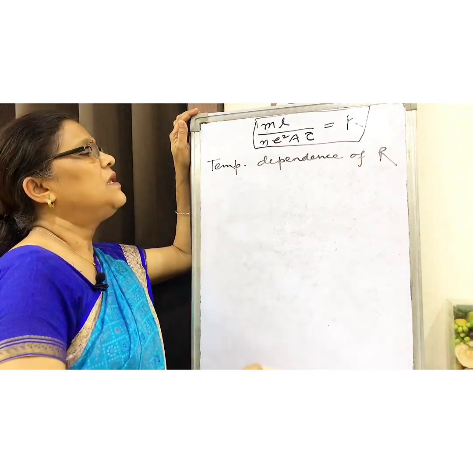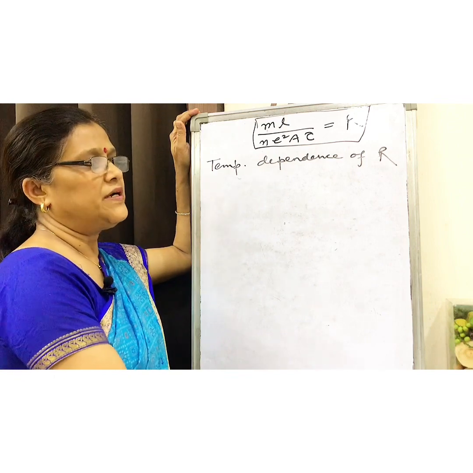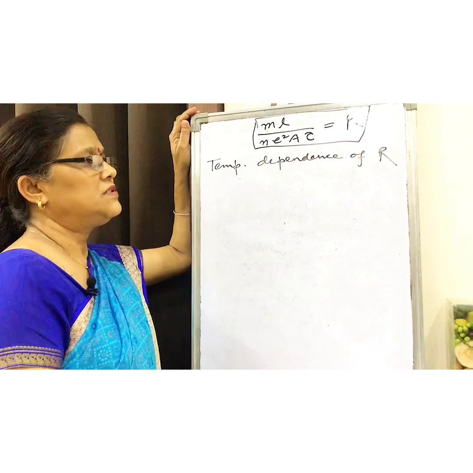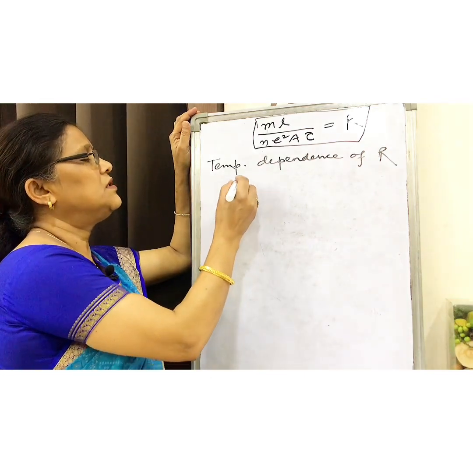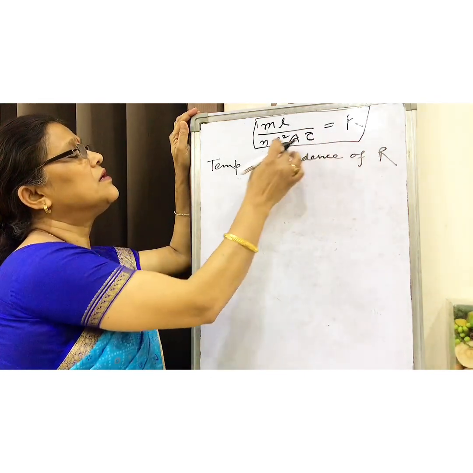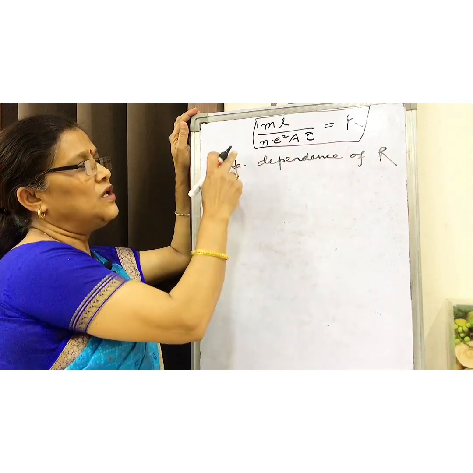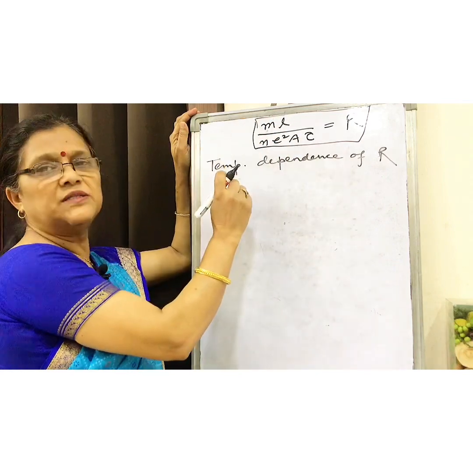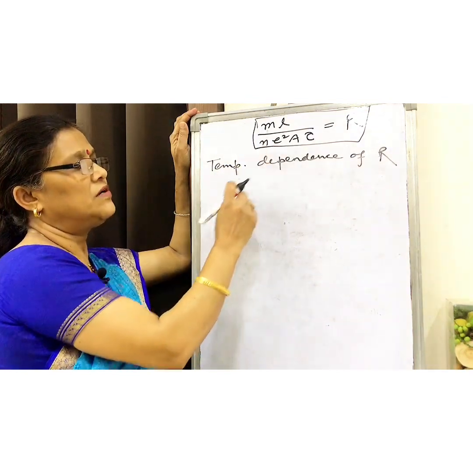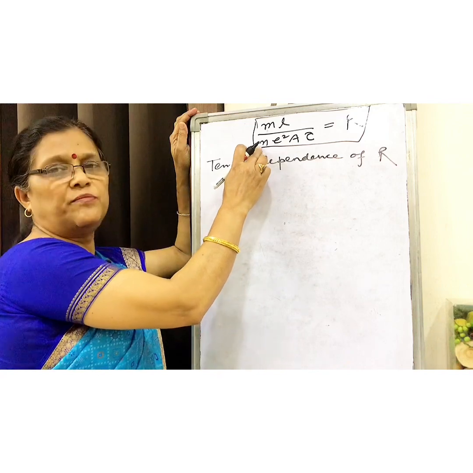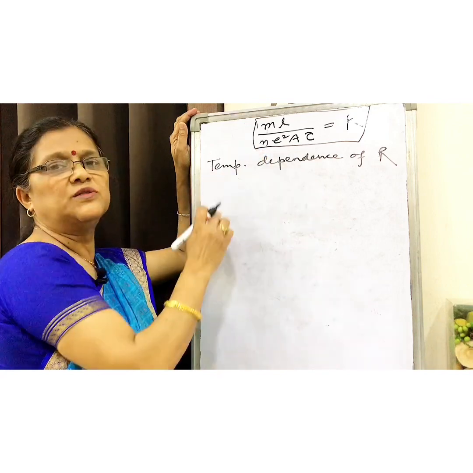In case of metals, there are a large number of free electrons, and suppose the R for a conductor metal is given by this relation. Here m is the mass of electron, e the charge on electron, A the area of cross section, l the length, and suppose for a particular metal n is also very large.